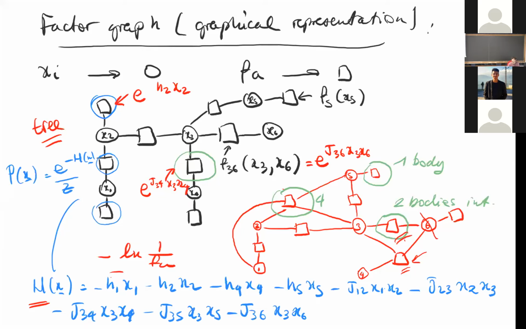What does it mean if I remove an argument? I need to redefine functions. But if this was not there, maybe you could have another factor here like this. You can write the factor graph that you want. It's totally generic. Does it answer your question? Yes.